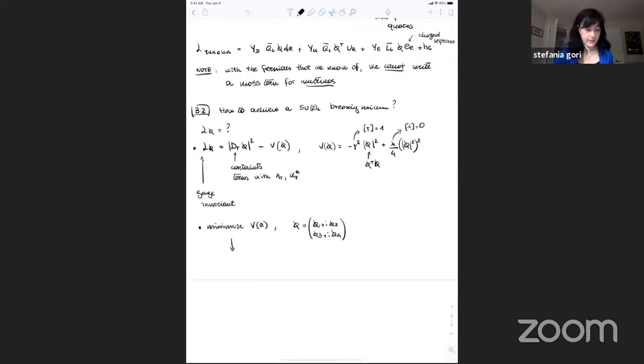And what I will find is that the minimum of the potential corresponds to 2 mu squared over lambda, if mu squared is bigger than 0 and also lambda is bigger than 0.